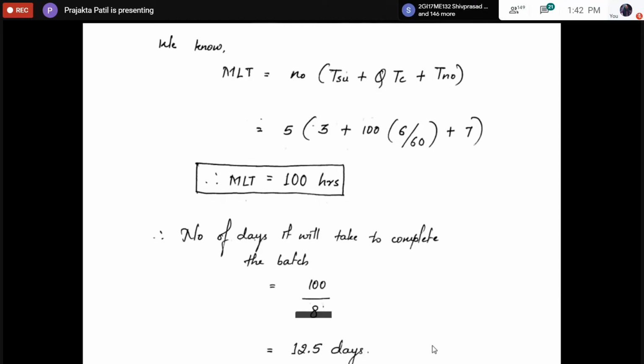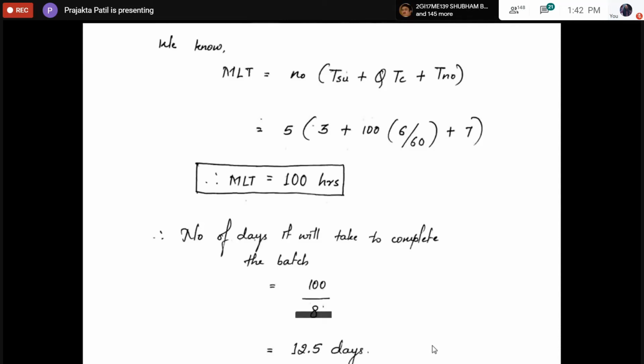So that's what I said. If it's anything less than 0.5, you can round it to 12 days. If it's anything more than 0.5, you can make it 13 days. But as this is 12.5, you can consider half a day, right? Therefore, we'll keep it as it is. Or if you want, you can make it either 12 or 13. Both are fine in the case of 12.5 days.